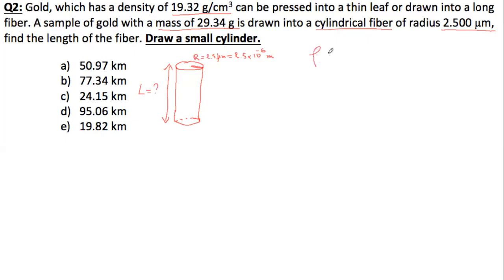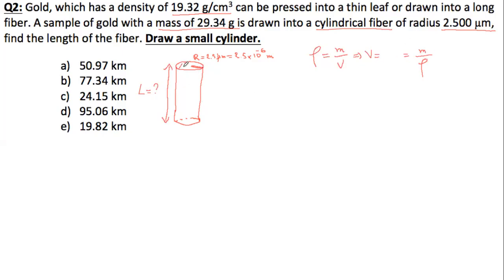So you know that the density of gold is the mass of that gold divided by the volume occupied by that gold. Meaning the volume of the gold is the mass of the gold divided by the density of the gold. So here the volume is the volume of a cylinder.